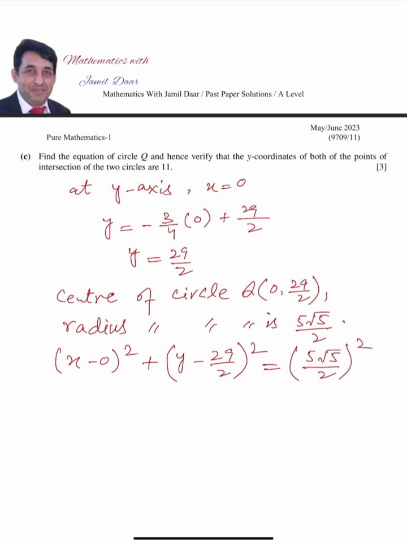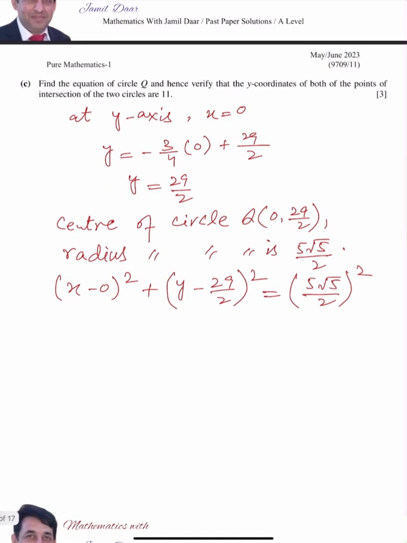So the equation of the circle Q is x square plus (y minus 29 over 2) whole square is equal to 125 over 4.